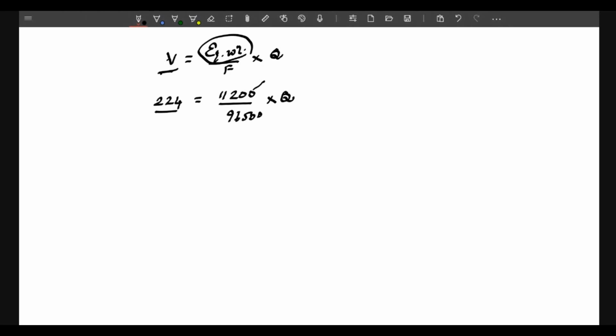Another type of problem, take down this problem. This is homework. During electrolysis of acidified water, oxygen is formed at the anode at the rate of 0.224 ml per second.